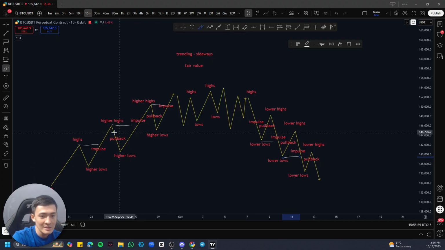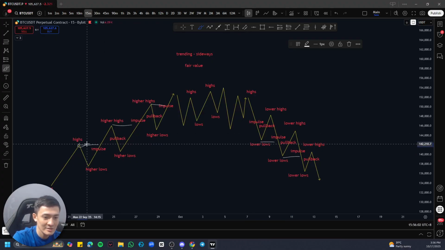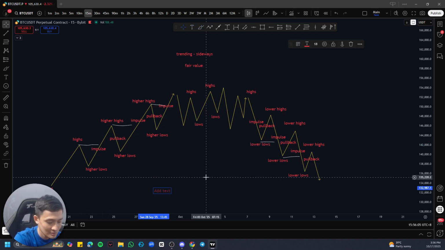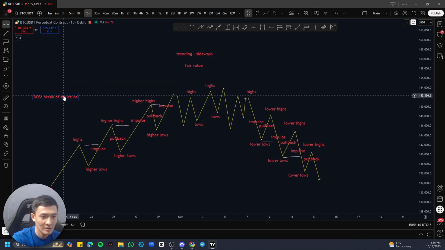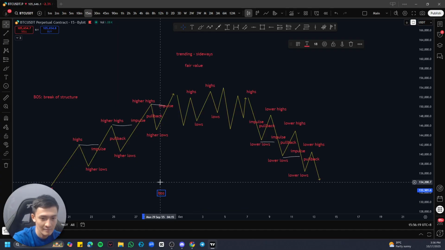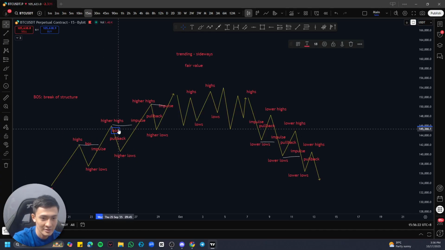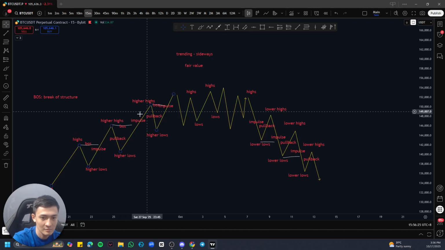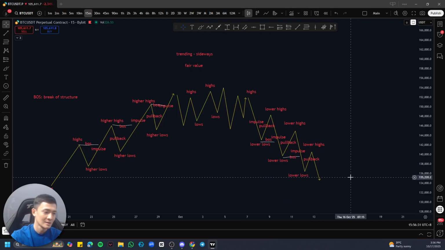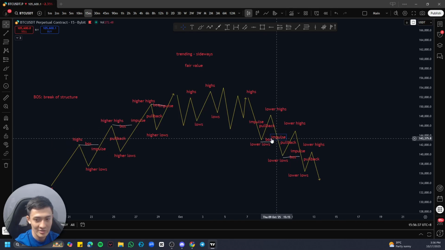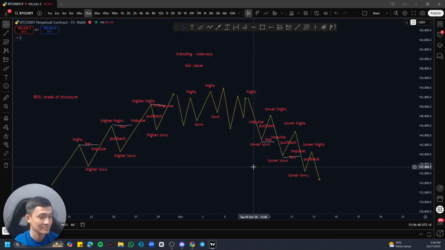These breaks are what we call BOS, or break of structure. The break of structure creates the new high in an uptrend. The break of structure creates the new low in a downtrend.